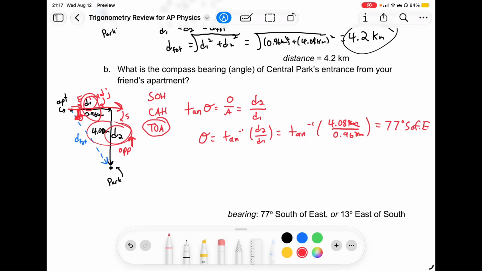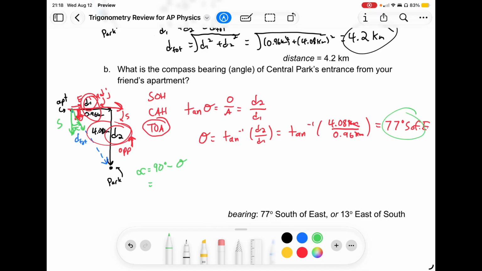And then obviously we can start the other direction. So if we wanted to, we could start from south. That's the other important direction here. And for our sum vector, we want to then go east of that by some angle, right? And that angle will be alpha, and alpha will be 90 degrees minus whatever we found for theta, which was, of course, 77 degrees.